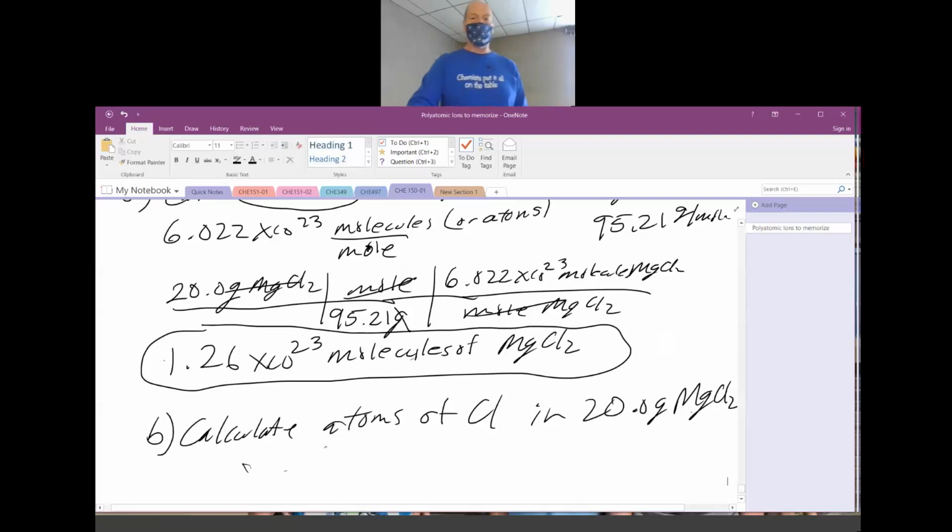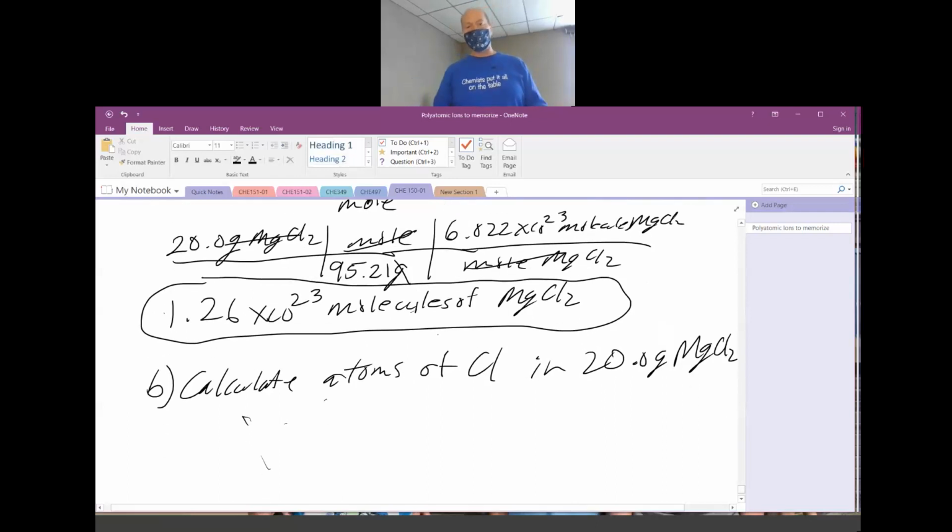You go through the same steps: grams to moles, moles to molecules, because MgCl2 is a molecule.